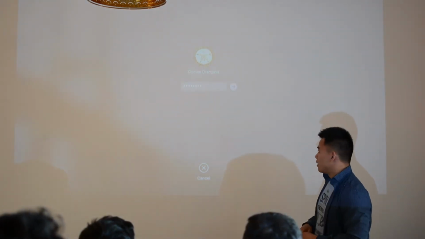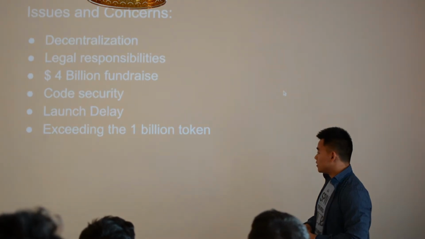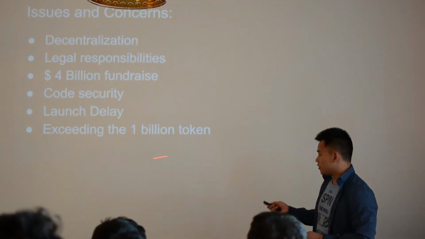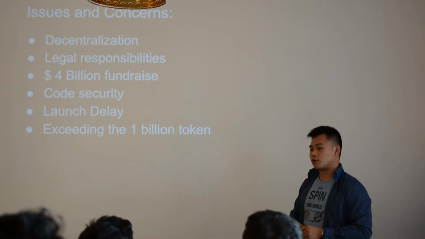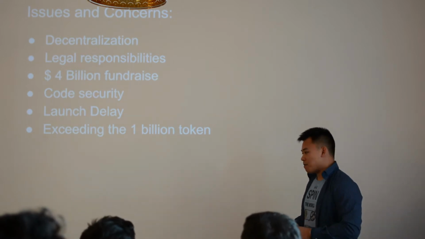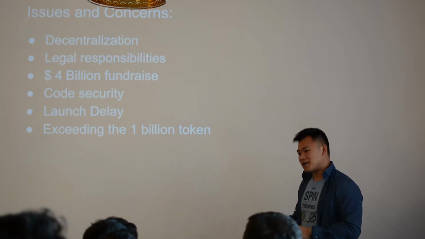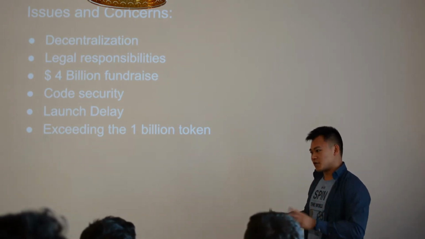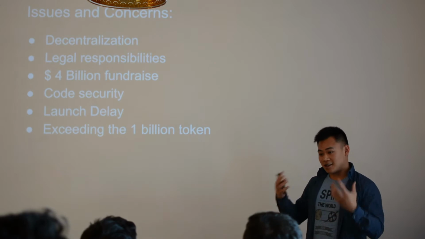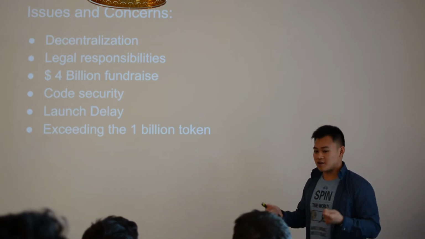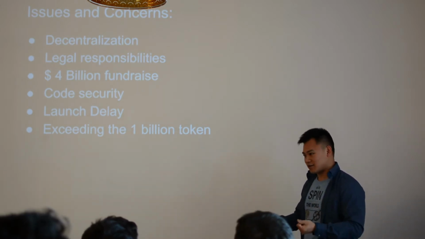And another thing is, if you've been following very closely, they are printing a little bit more tokens than expected. This is kind of a silly mistake, because unlike Bitcoin and Ethereum, where it's free to create an address, in EOS you have to pay EOS tokens to create accounts.